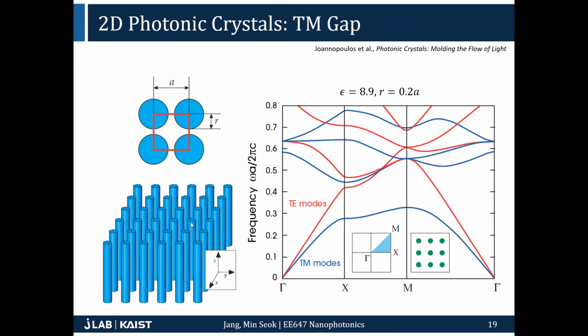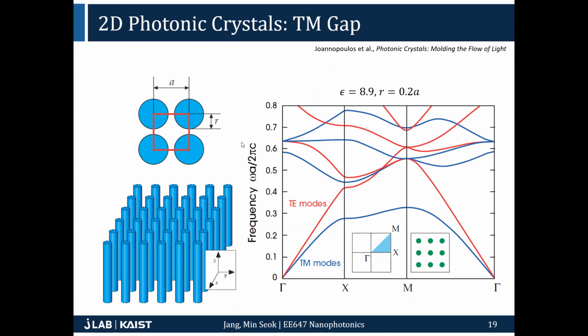The simplest form of 2D photonic crystal is a 2D array of dielectric cylinders. Here the blue cylinder is the dielectric cylinder, and A and R define the spacing between the dielectric cylinders and the radius of each.